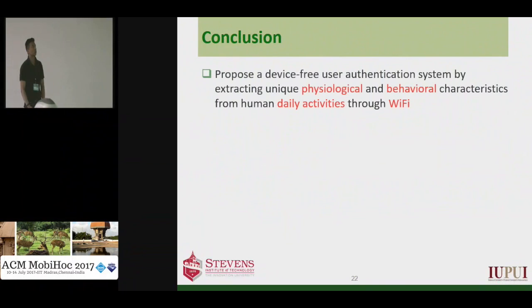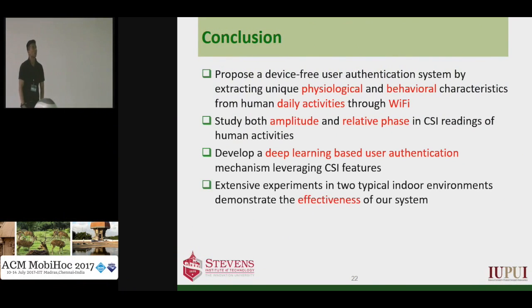So let's come to our conclusion. Basically, in this work, we want to use Wi-Fi signals to extract both physiological and behavior features from human activity. We want to use this information to, first, distinguish what type of activity they perform, and second, distinguish who performed this activity.